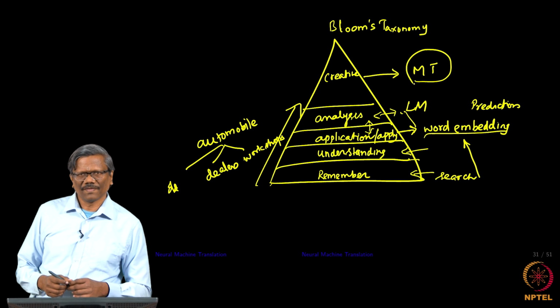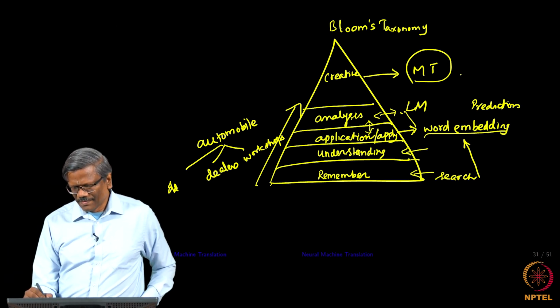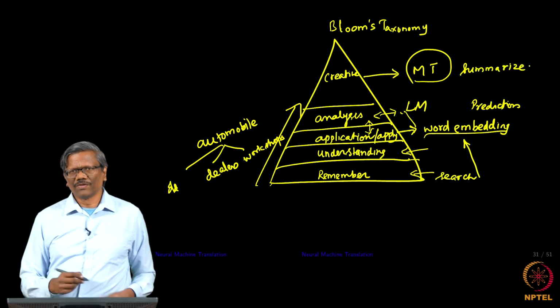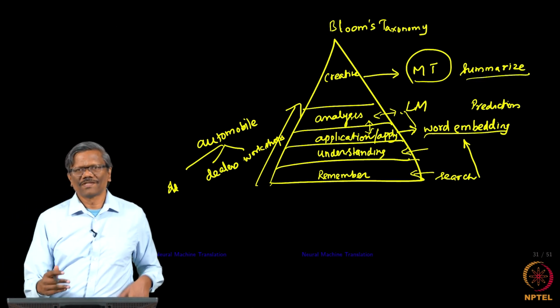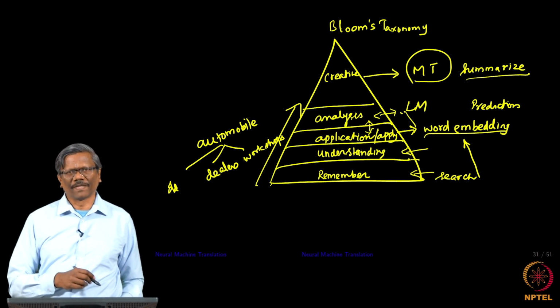It is given a new sentence, it is now going to be creating a sentence for you, which is a creative process. Okay. So, this is where machine translation and then summarizing a huge document into a few sentences, those aspects come in. This is basically a creative aspect.